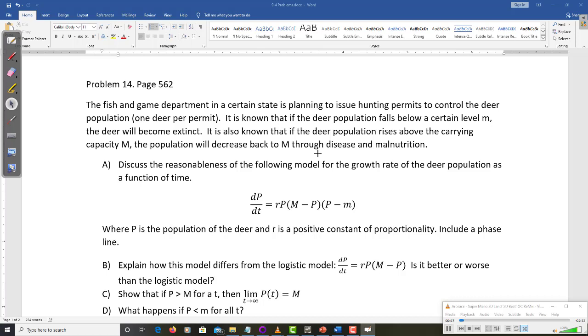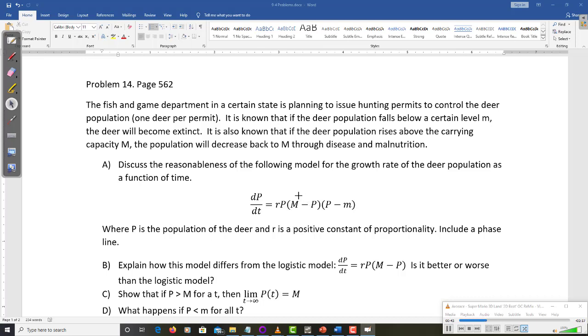Discuss the reasonableness of the following model for the growth rate of the deer population as a function of time. So P is the population of deer, and R is a constant. Let's talk first. P is the population, M minus P. That is the difference between the carrying capacity, the largest population that can survive indefinitely in the habitat, and the population.